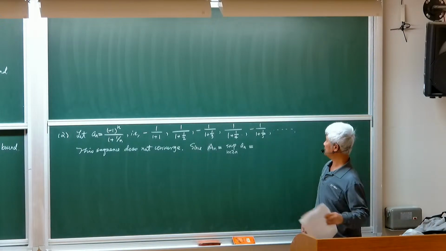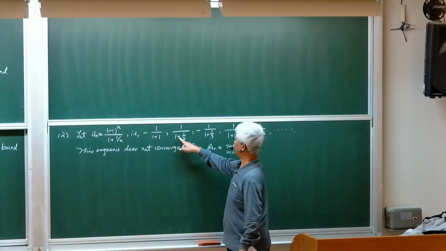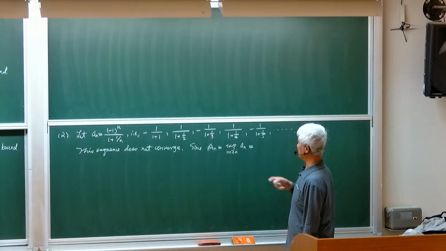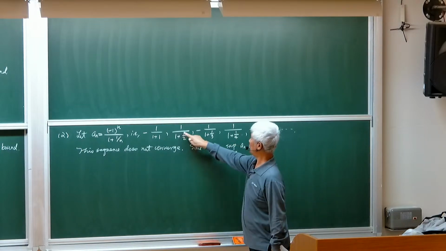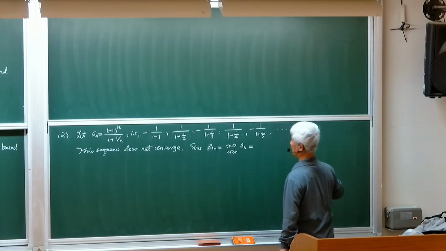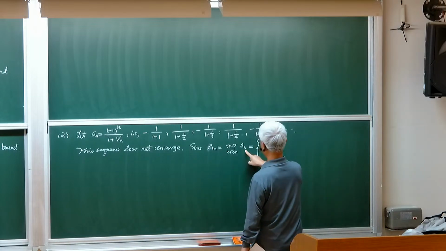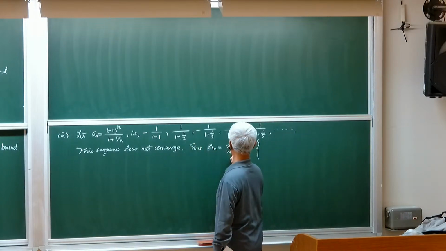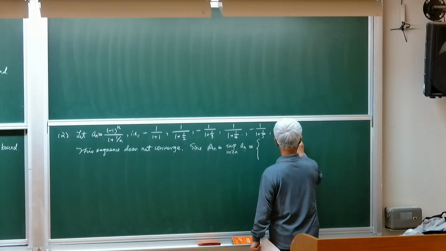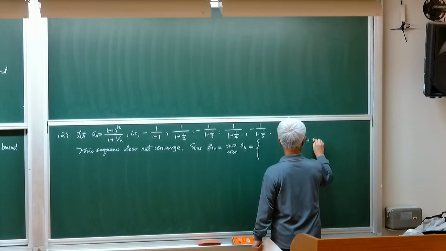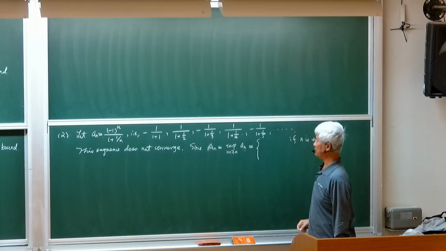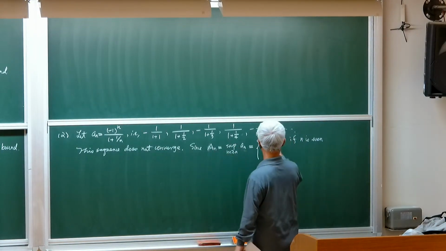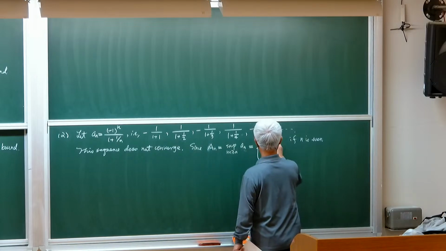The positive terms are going down, because it's 1/2, 1/4, etc. So if n is even, then the supremum, the least upper bound, would be 1 plus 1 over n.